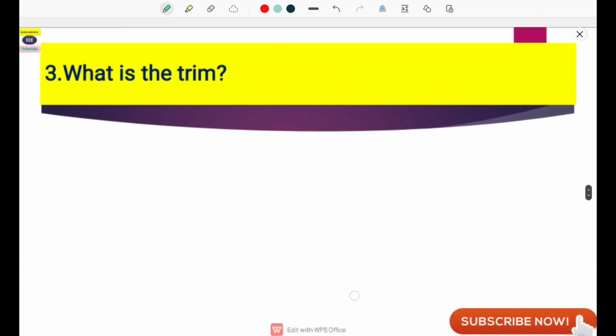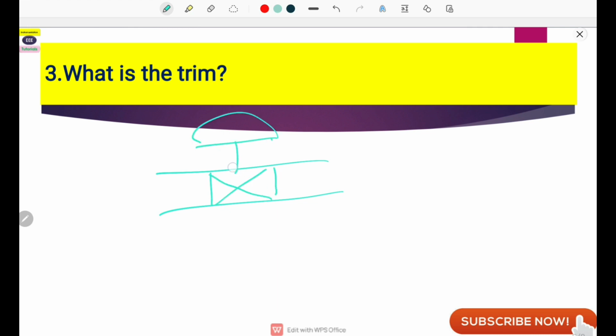Now the third is, what is the trim? So generally the parts which are directly in contact with the fluid. So this is the fluid, and the parts which are directly in contact with the fluid.